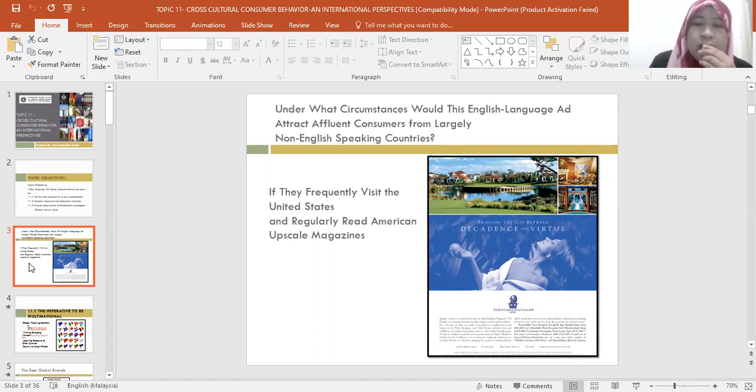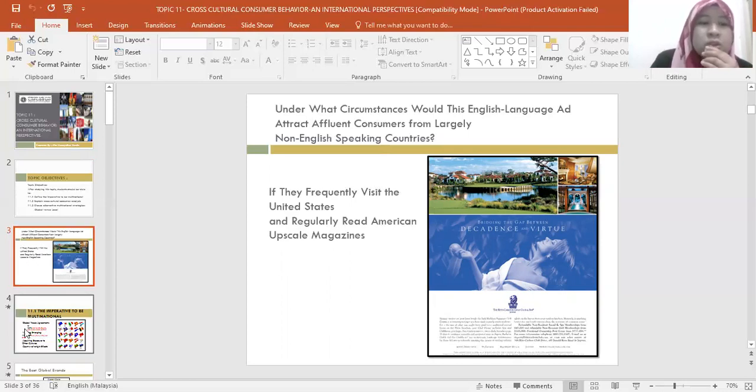They also believe that by imposing these English language ads, they can affect them. But at the same time, we will go deeper into this topic. They used to have multiple versions of the same advertising, but in different languages. For example, they have a Spanish version, in order to attract those in non-English speaking countries.